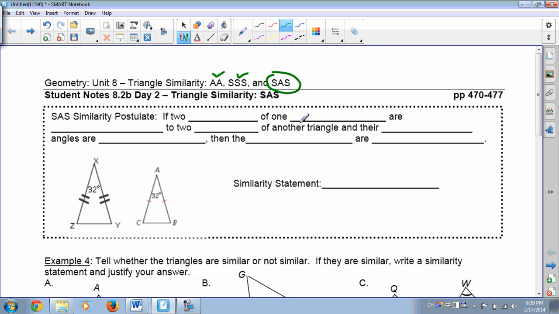Remember, two triangles are similar when their angles are congruent, but their sides are proportional, not congruent.